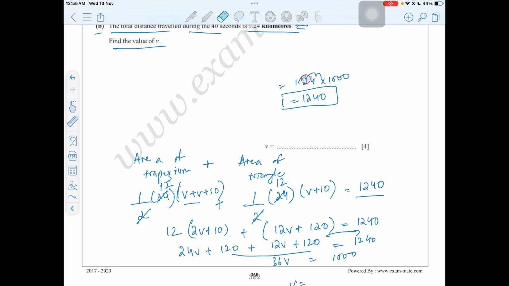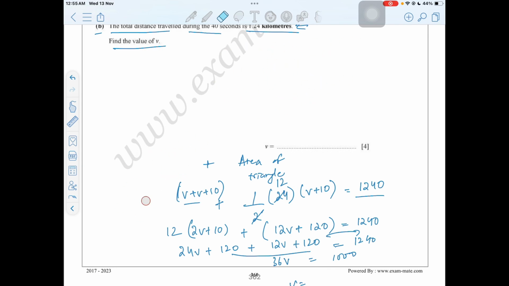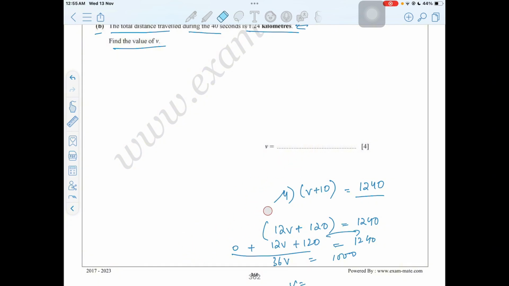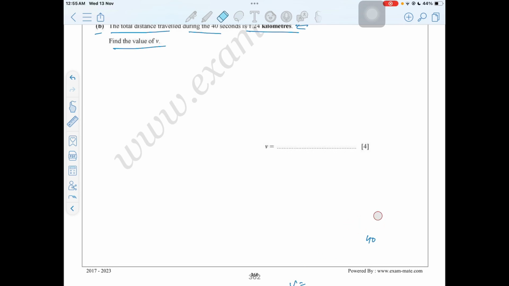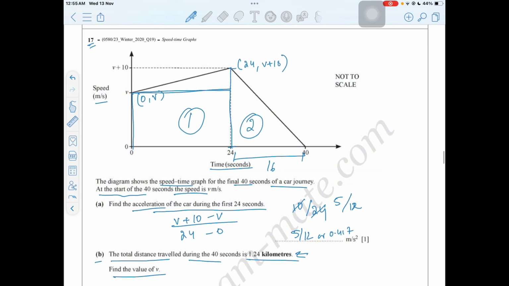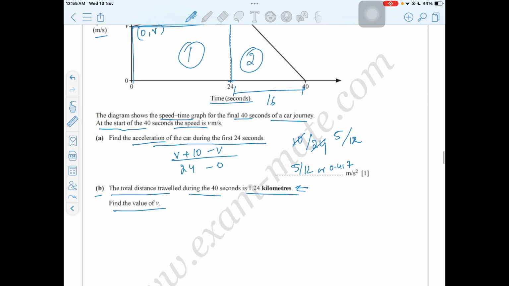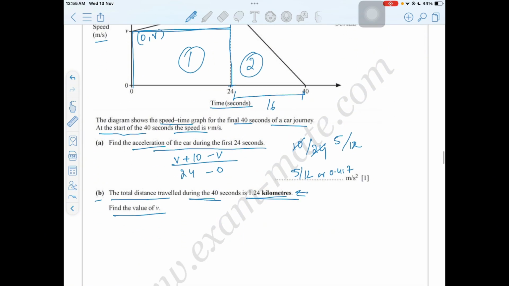Let's just see this again. Let's just go through this question again. Okay, so the total distance traveled during the 40 seconds is 1.24 kilometers, right?